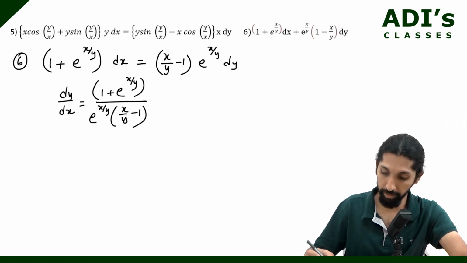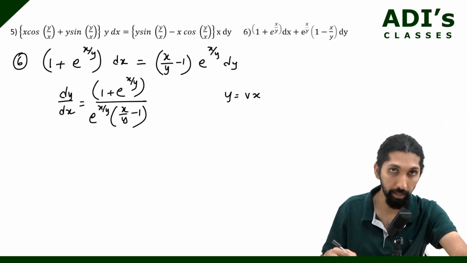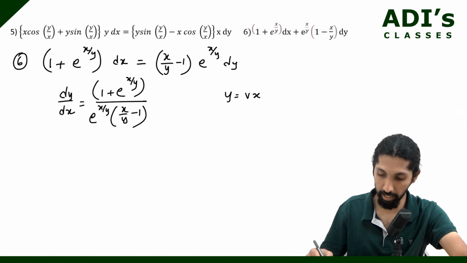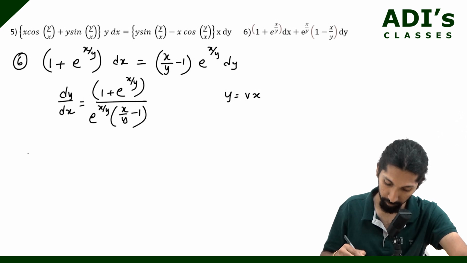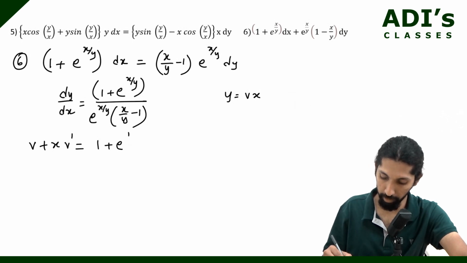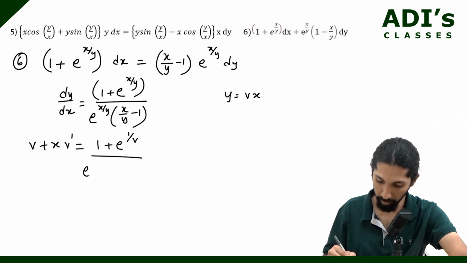y is v into x, correct? So y dash, if you take, is v plus x into v dash, equal to 1 plus e power 1 by v by e power 1 by v into 1 by v minus 1.